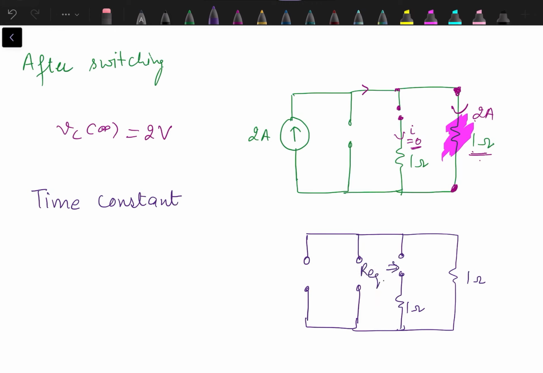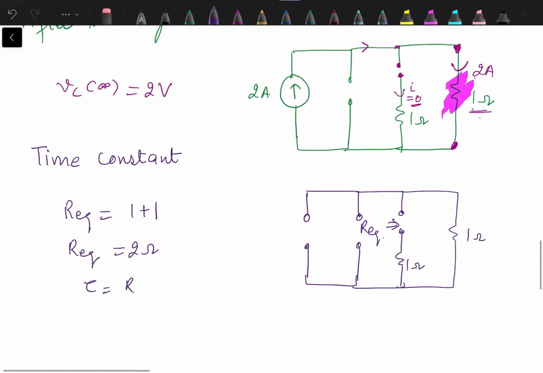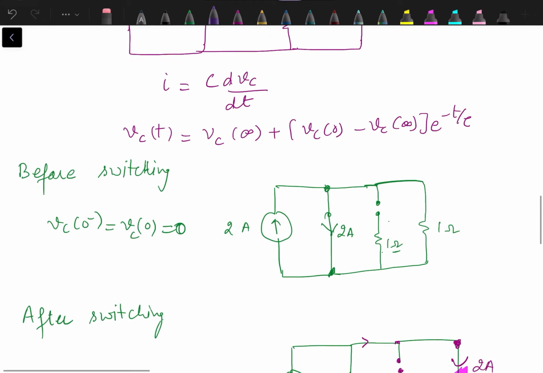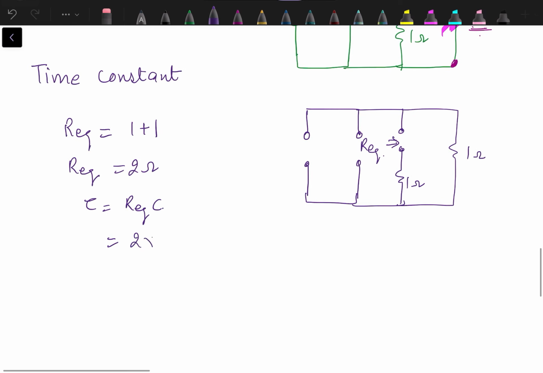So R equivalent is 1 plus 1. Both resistances are connected in series. So R equivalent is 2 ohm. Tau, which is R equivalent into C, the value of C was 0.5 farad, 2 into 0.5, it's 1 second.